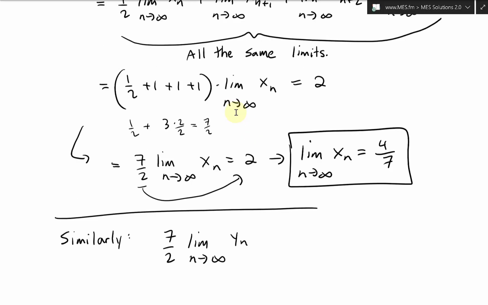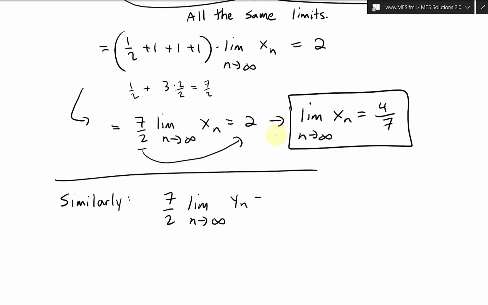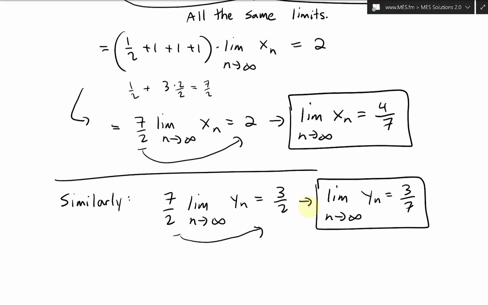The 2's cancel, so the limit as n approaches infinity of yn is equal to 3 over 7.